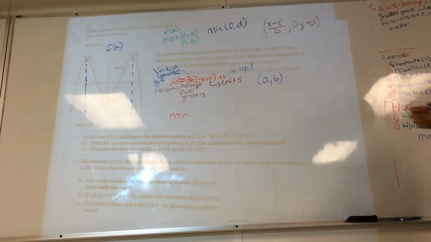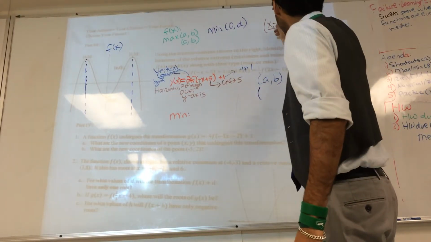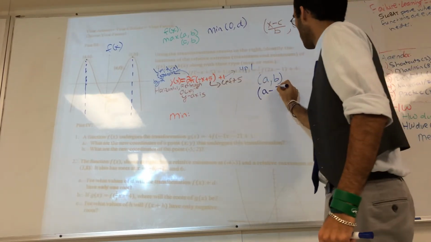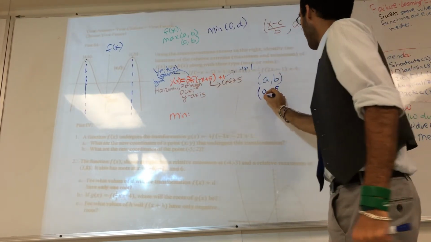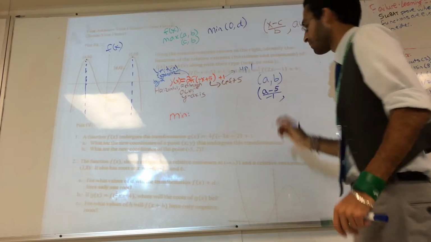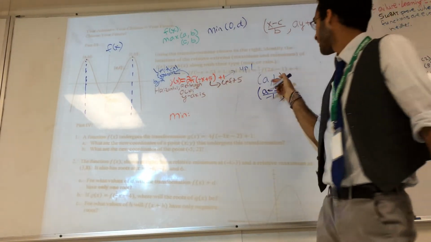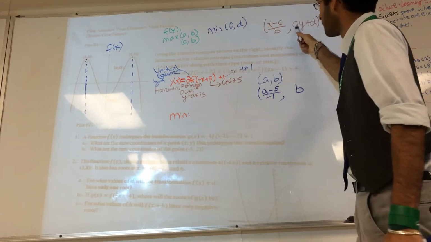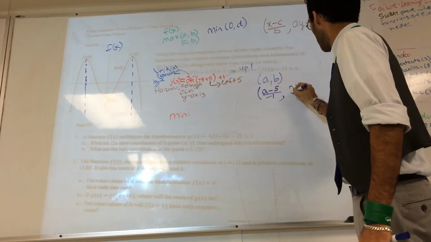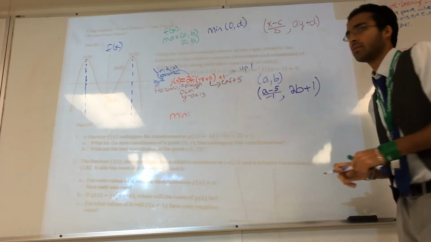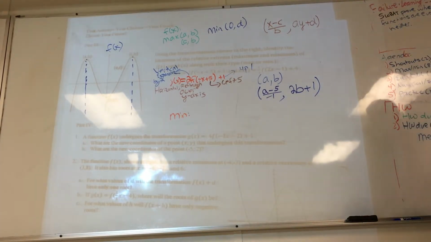So the new point would be, well, A is just x minus C. C is 5, divided by negative 1. And for y, I would say y in this case is b times a, which is 2, plus d, which is 1. Let's see.